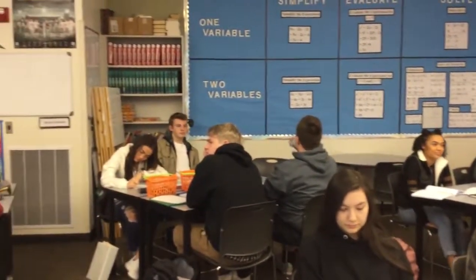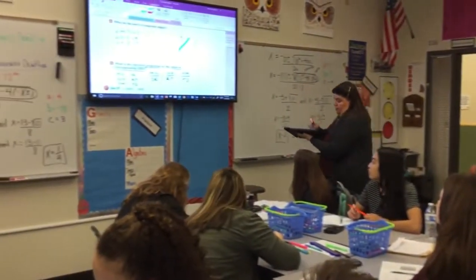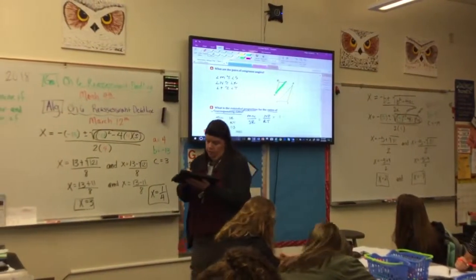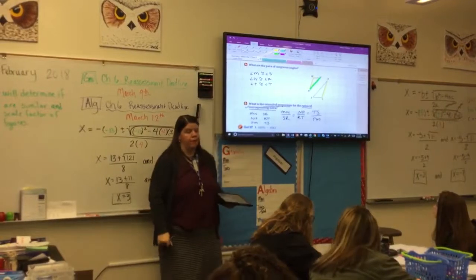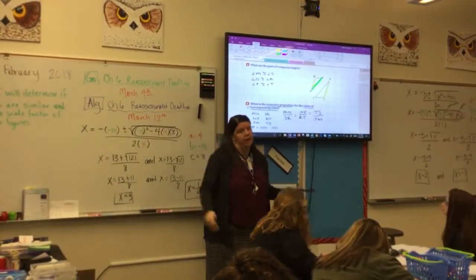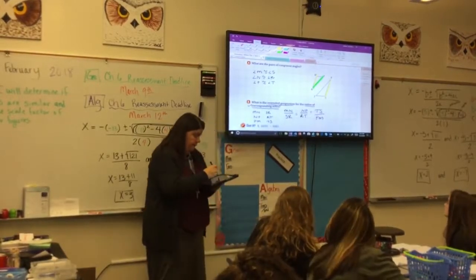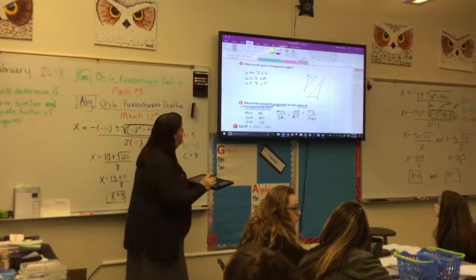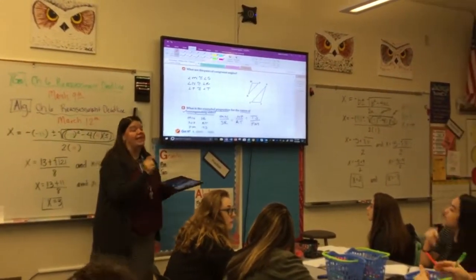I have a question. Would this still be an extended proportion if Sierra had said TS to PM? Okay, I see Allie went, nope, that's not right. Okay, why isn't that right? Yes.